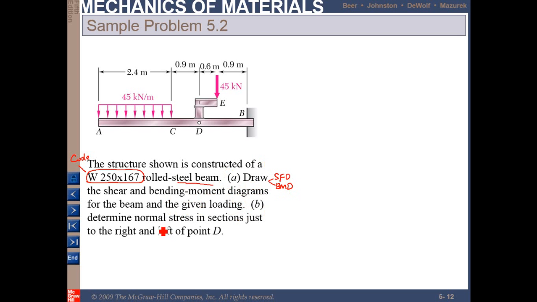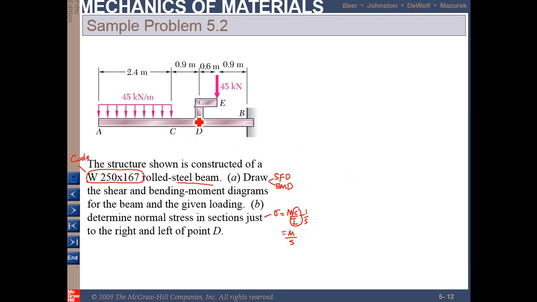Okay, and B, determine the normal stress in the section just to the right and left of point D. So this is D. What the question asks you to calculate is the value of normal stress, which you have to calculate using Mc over I. That is the equation. I over c is equal to S, so Mc over I is equal to M over S.